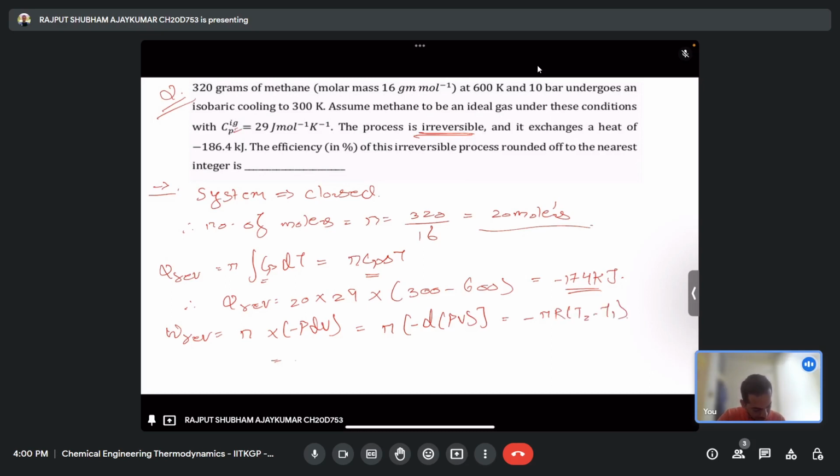This comes out to minus 20 into 8.314 into 300 minus 600, which is 49.88 kilojoule. So this is the work done during the reversible process.